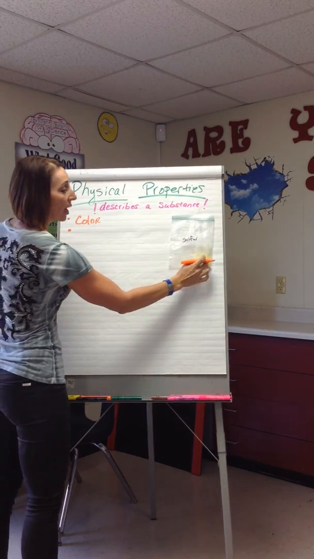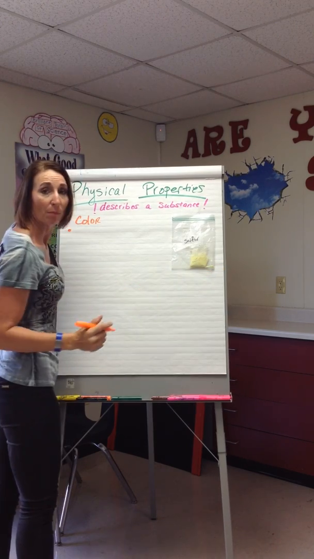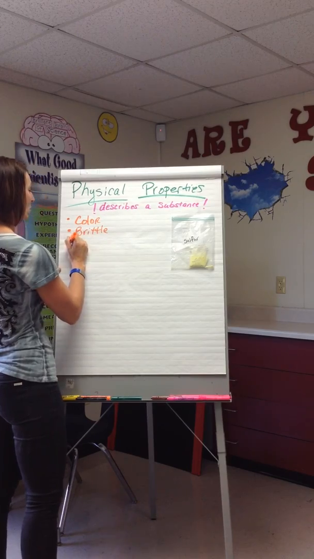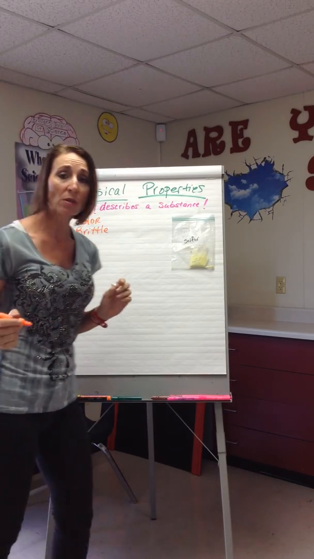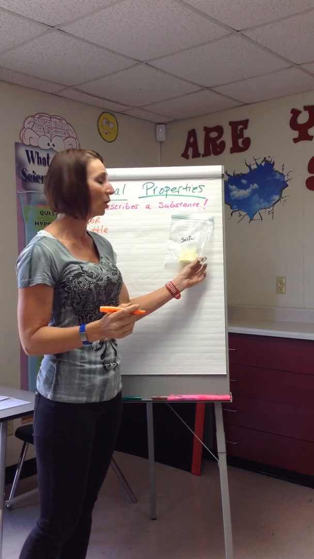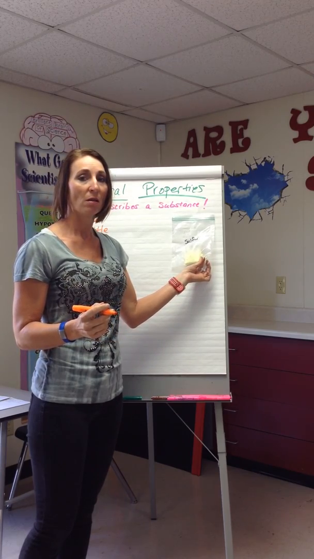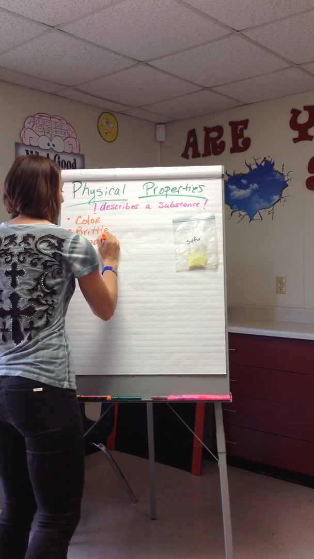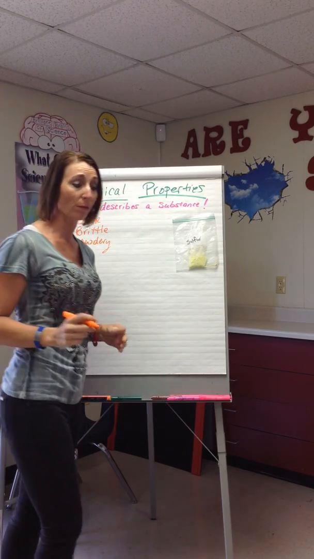Sulfur has some powder that you can see at the bottom, so sulfur is brittle. It's easily broken. If it's got powder, what other word could we say? Powdery. So that describes sulfur.